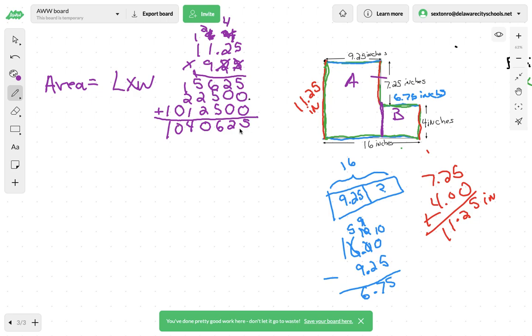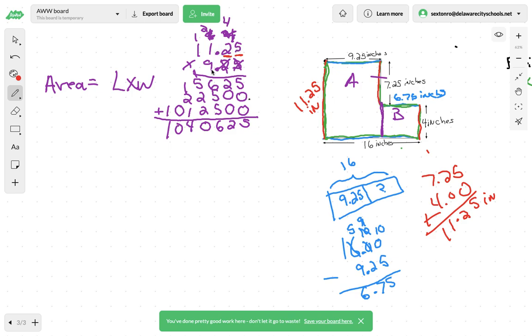Now and only now can we start thinking about where the decimal goes. So let's go up here to our original 2 factors and underline the decimal digits. This over here is 11. Those are whole numbers, a whole 11 inches. This is part of an inch. This is 1, 2 decimal digits.